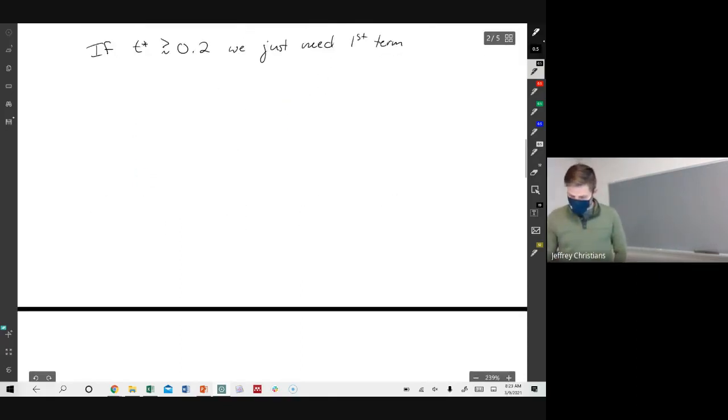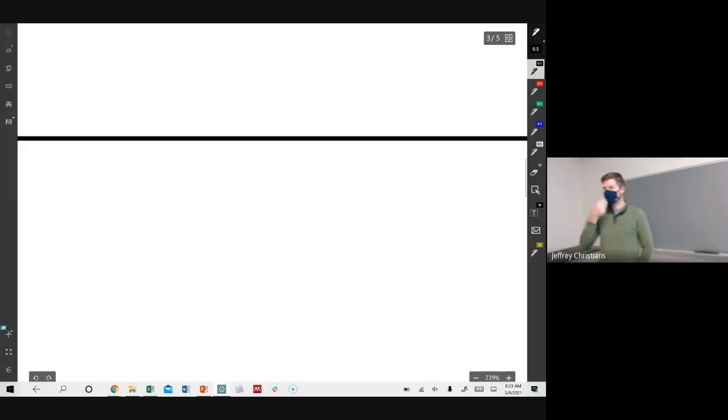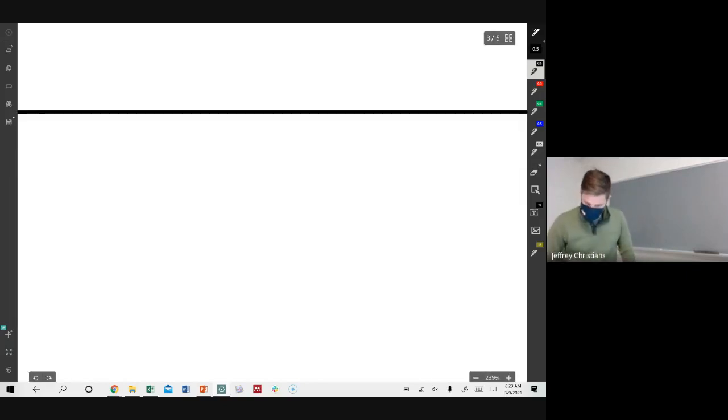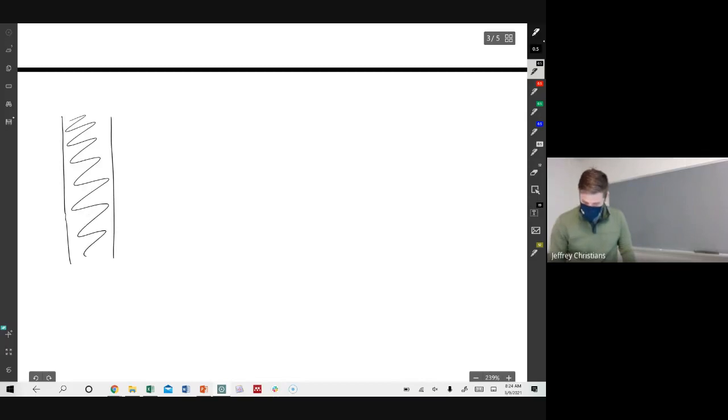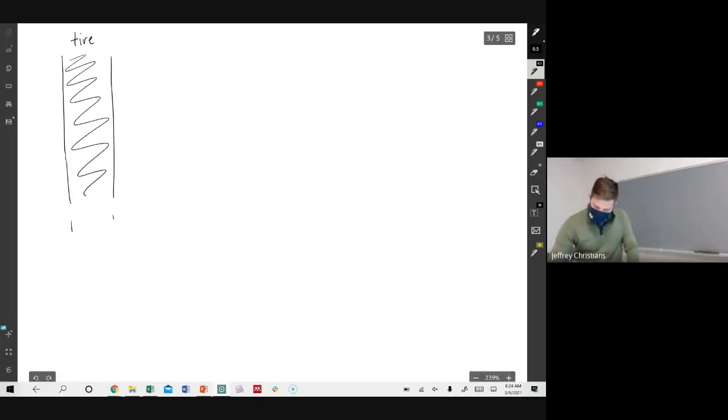So let's do an example problem. Let's say we are looking at heating up a chunk of tire, a chunk of rubber. We know that this is 20 millimeters thick.